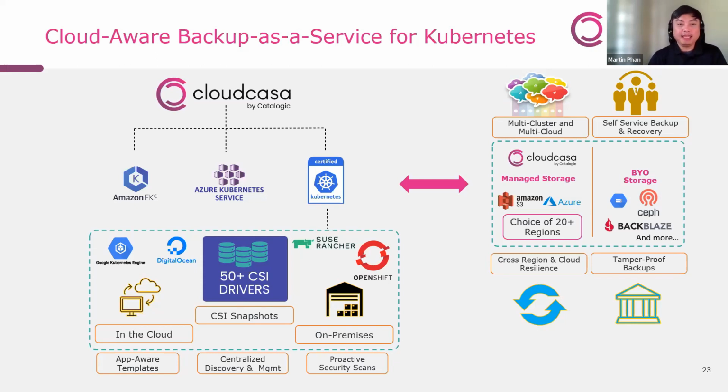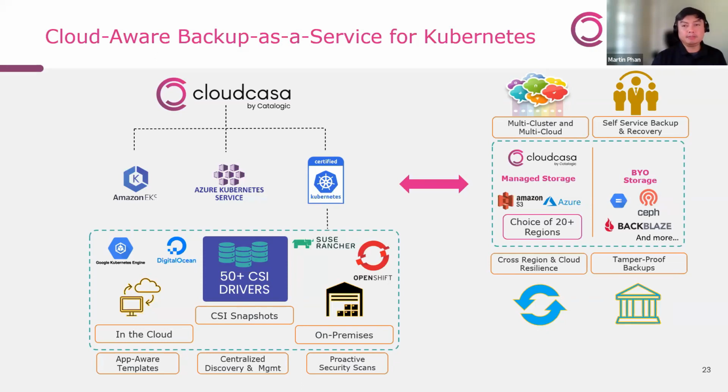But where it gets interesting and where the integration comes in with Capsule is through the RBAC functionality that is native and built into Cloud Casa. So we're able to define users and user groups that have access to, let's say, a certain number of resources: storage resources, cluster resources, cloud resources.